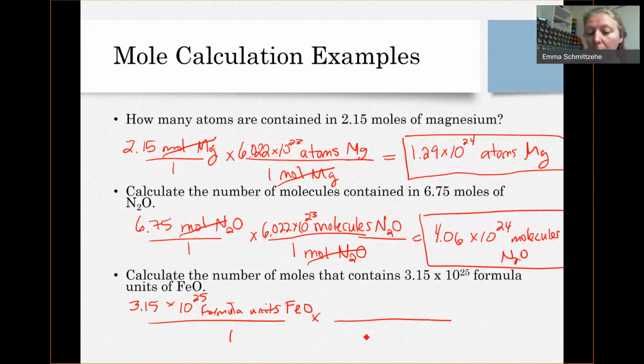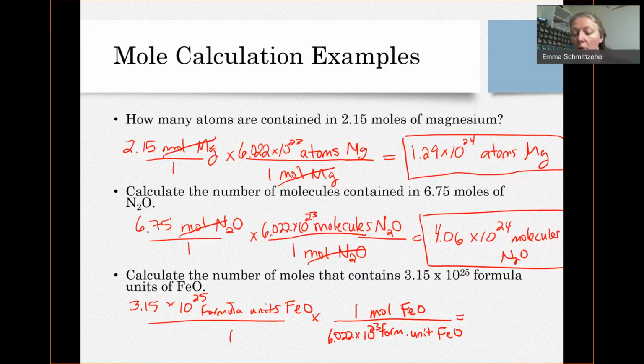So I'm going to put formula units on the bottom, maybe form unit, easier, FeO, and then moles of FeO on top. And 1 mole of anything is 6.022 times 10 to the 23rd of that thing.